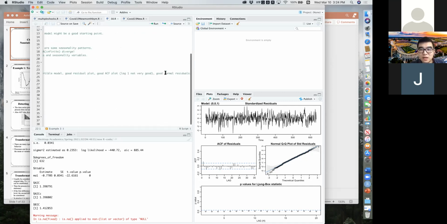The third graph that this command gave us is the normal QQ plot. As I explained last time, there's a blue line here that shows the expected normal distribution of the residuals, and the dotted points are the real observations.